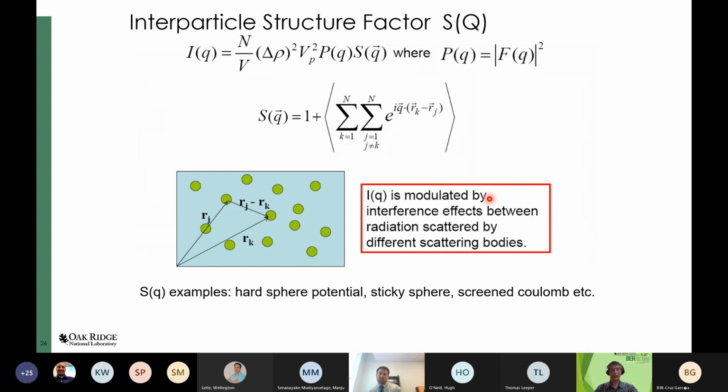I'm going to go just briefly over this. I already mentioned the interparticle structure factor. This is basically when you don't just see the scattering from one object, but from multiple that interfere with each other. If they have certain distances or an arrangement that is preferred, then this will also show up as another term in the scattering function.